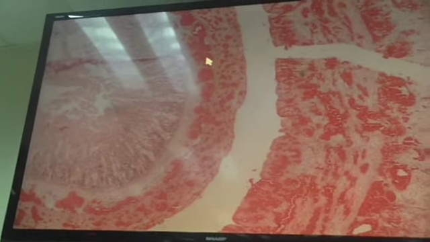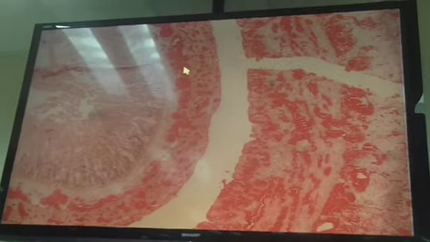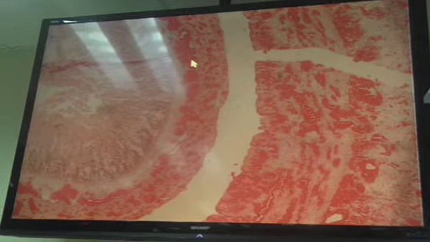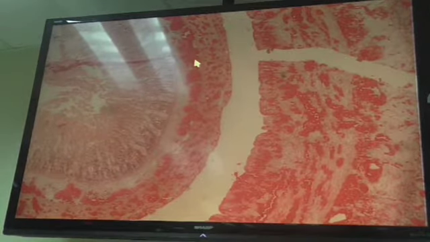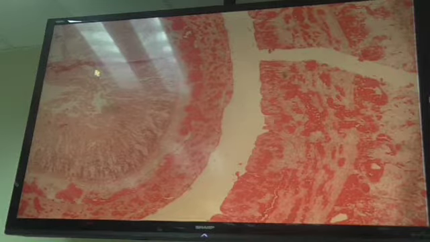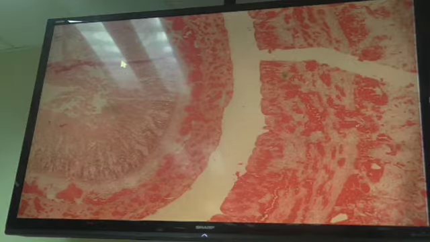Now what about that? Yes, we cross it here. Do those look like normal villi? What's it look like?